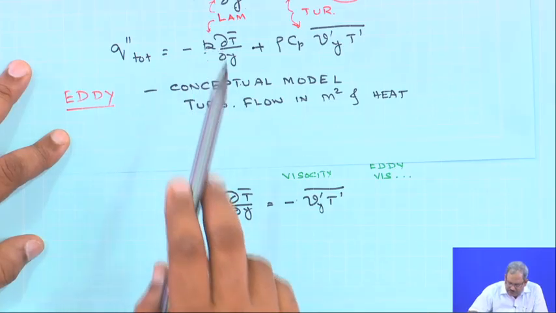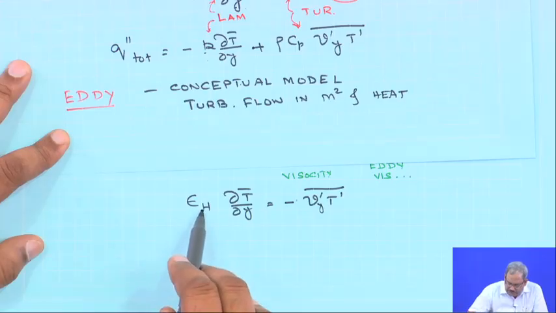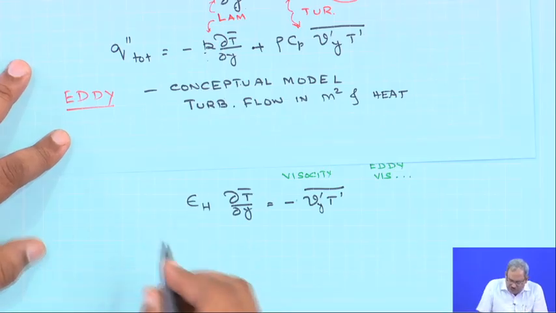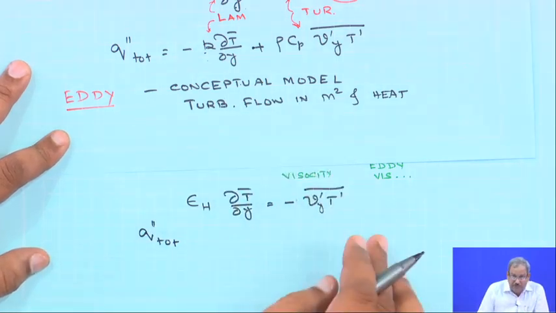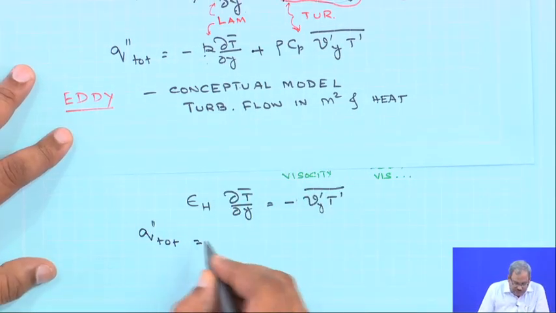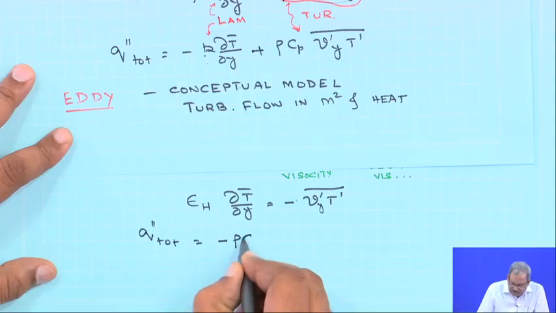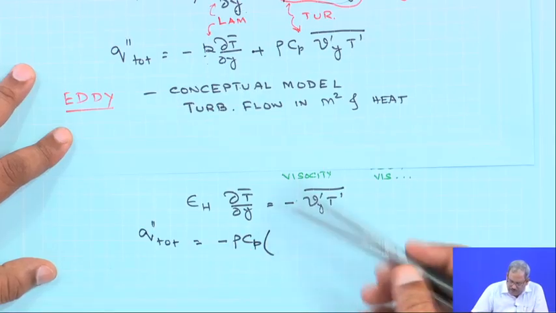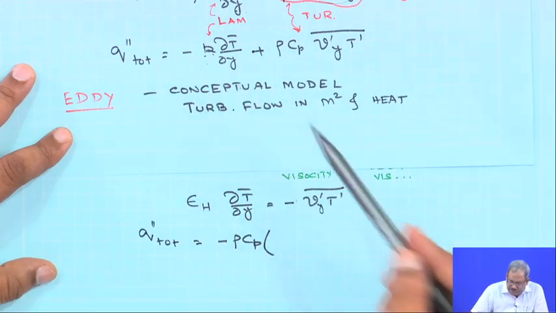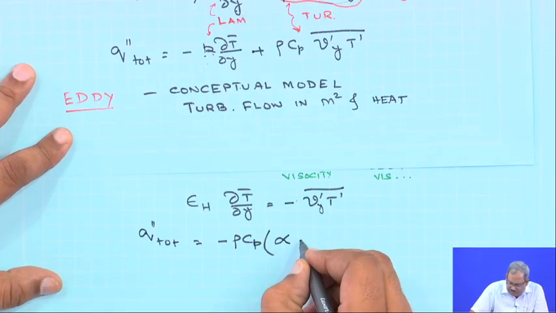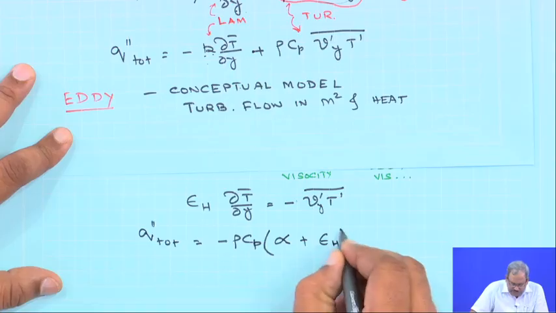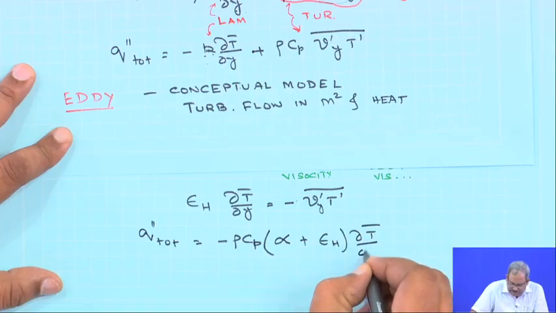I am not going to use k, instead I use epsilon h, which is the eddy transport coefficient for turbulent flow heat transfer. So, my q double prime total, from the previous equation, would simply be minus, if I take the rho Cp common, then this becomes k by rho Cp, and we understand that k by rho Cp is nothing but the thermal diffusivity, plus epsilon h times del T bar by del y.